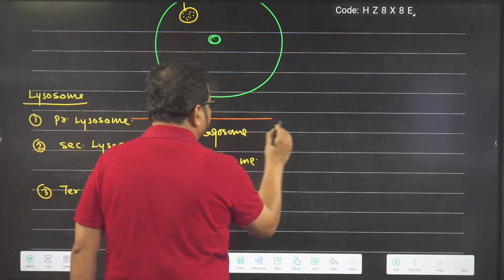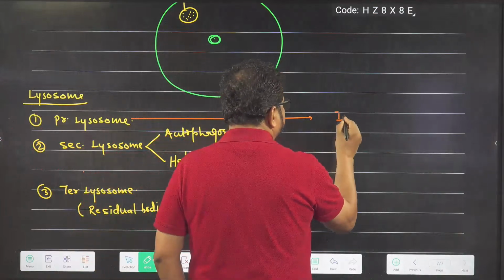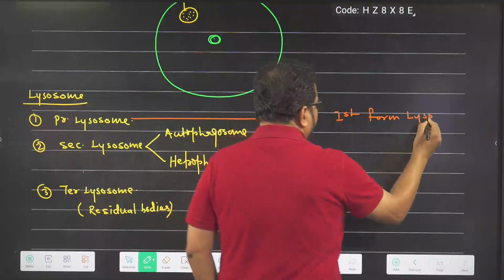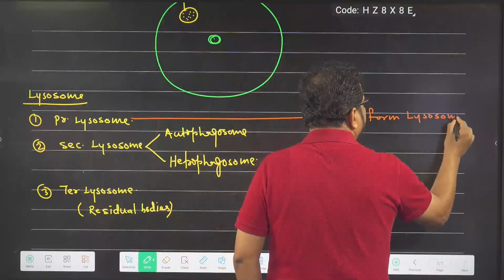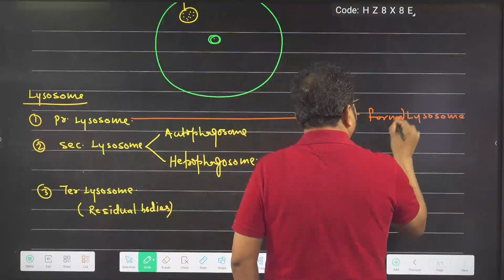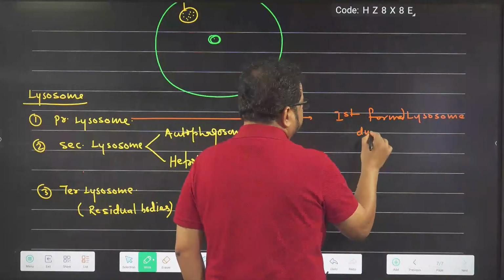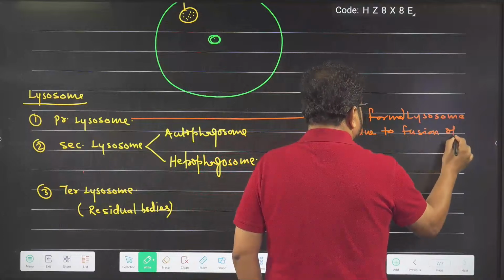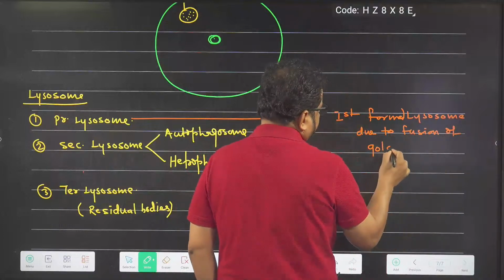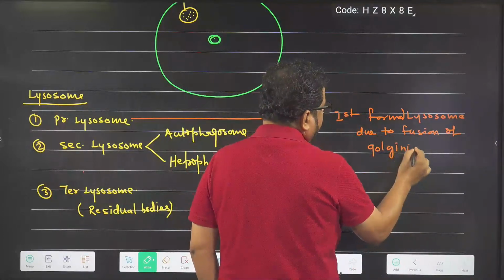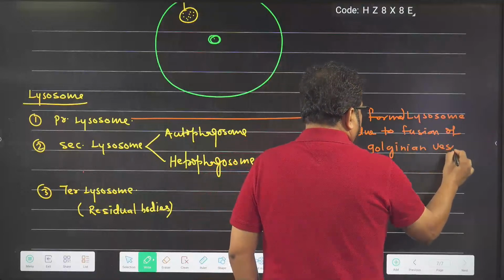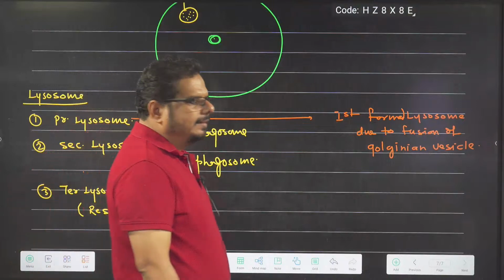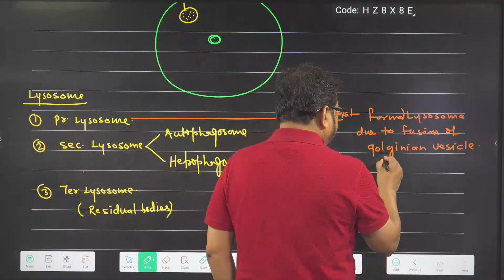So, primary lysosome. I am writing here. The first form of lysosome, due to fusion of Golgi vesicles, is called primary lysosome.